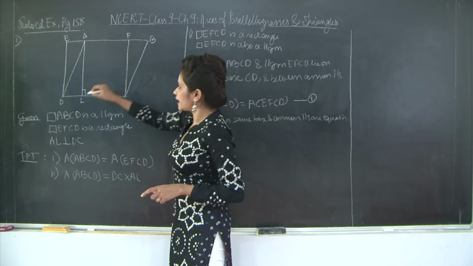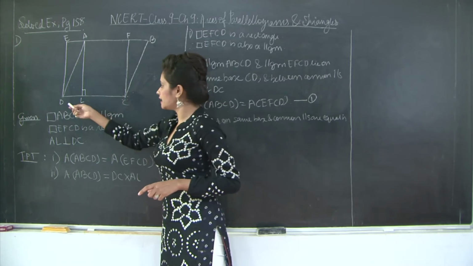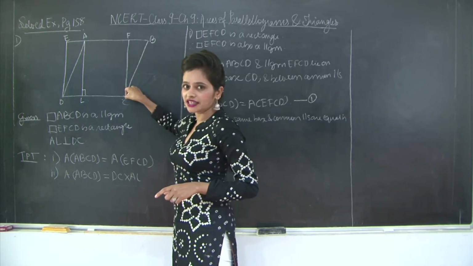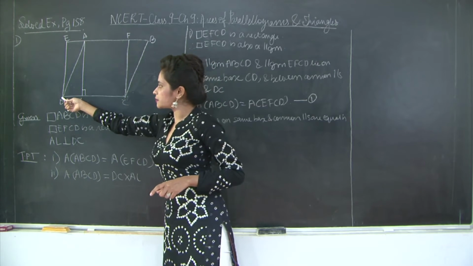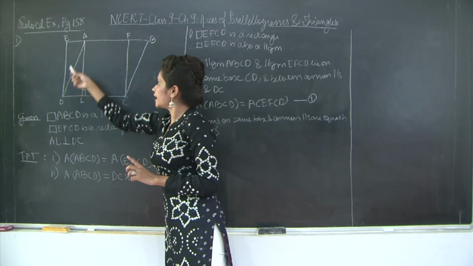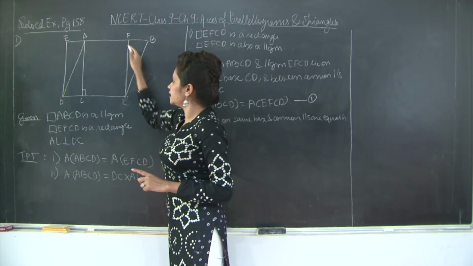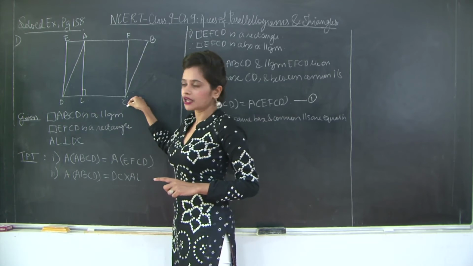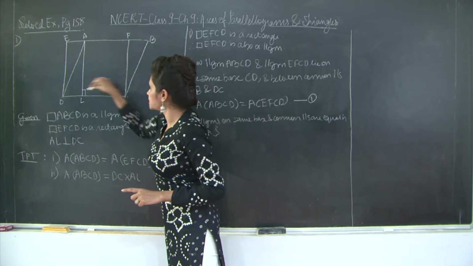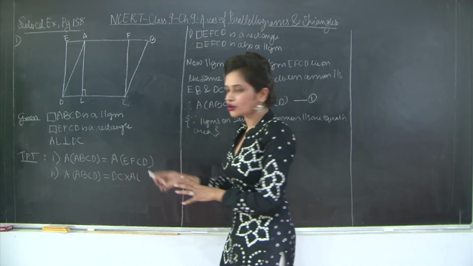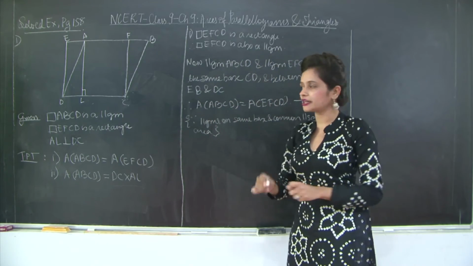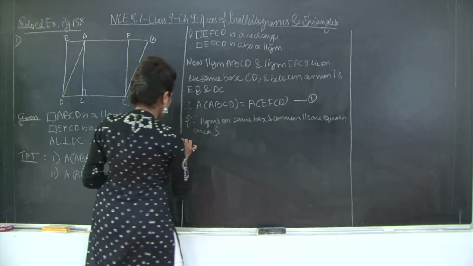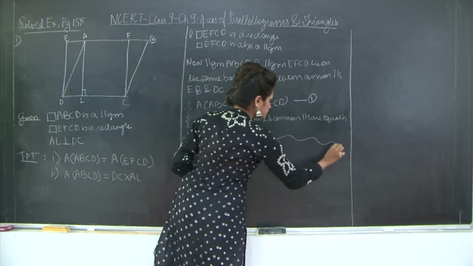So since AL is equal to FC, I will substitute: remember we got that area of my rectangle EFCD was DC into FC. So now I will get it as DC into AL. You might not have got this while I explain because it's a little complicated, but once I write it for you, it will become more clear. So let's write this down.